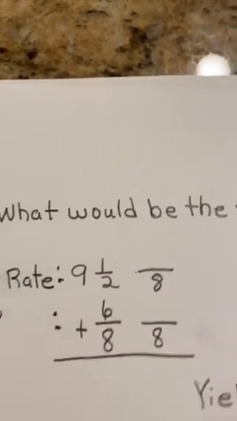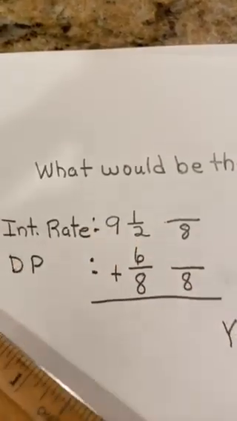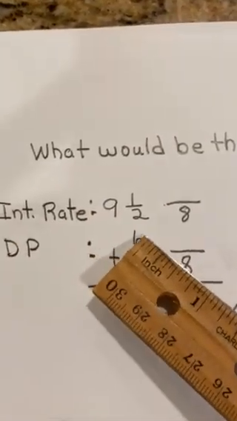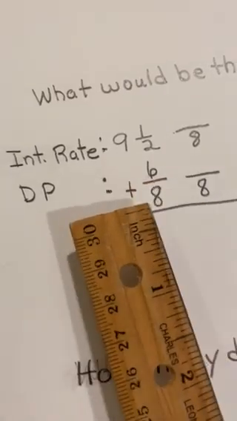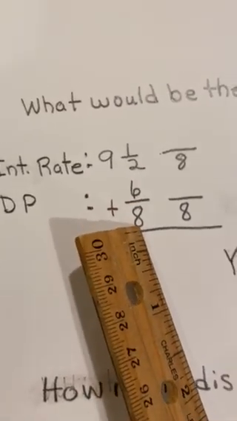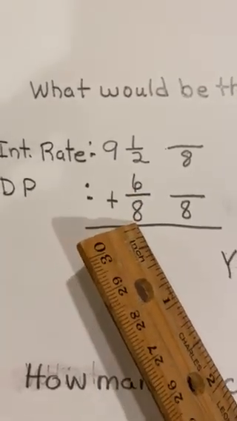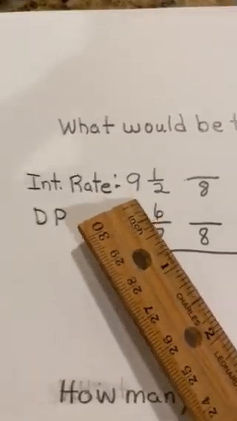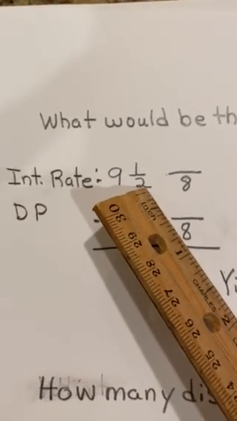What would be the yield? In our problem, it says the interest rate is 9.5% and the discount points are 6. We put the 6 over an 8, because we always have to have an 8 under the discount points to work the problem. Now we see that the interest rate is not in 8s yet, so we have to convert that.